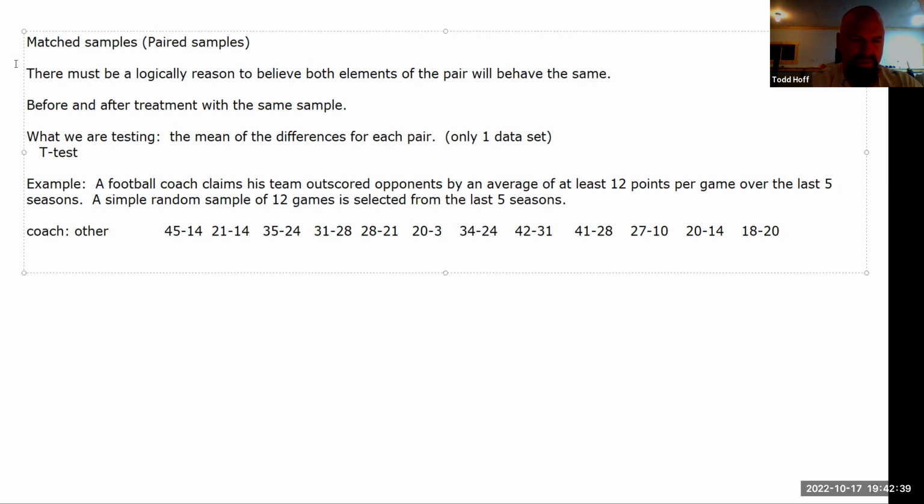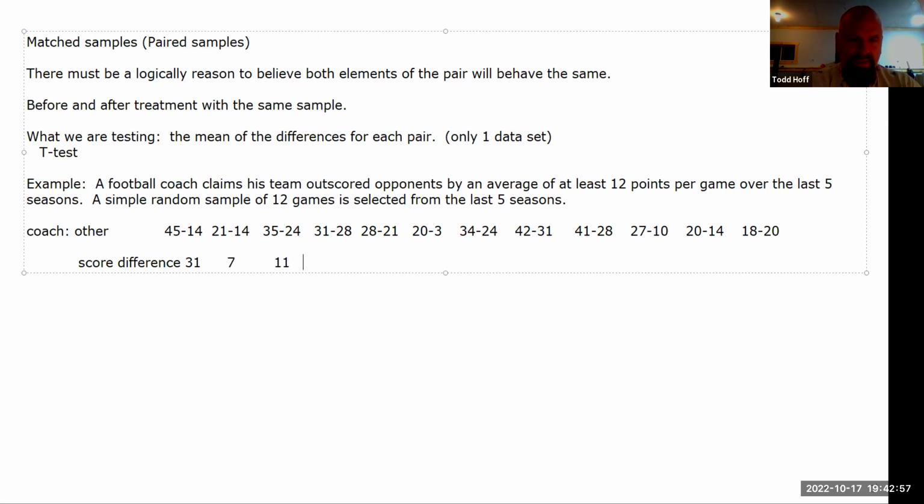So what we would do is we would calculate a score difference for each. For this first game, 45 minus 14 is 31 points. 21 minus 14 is 7.